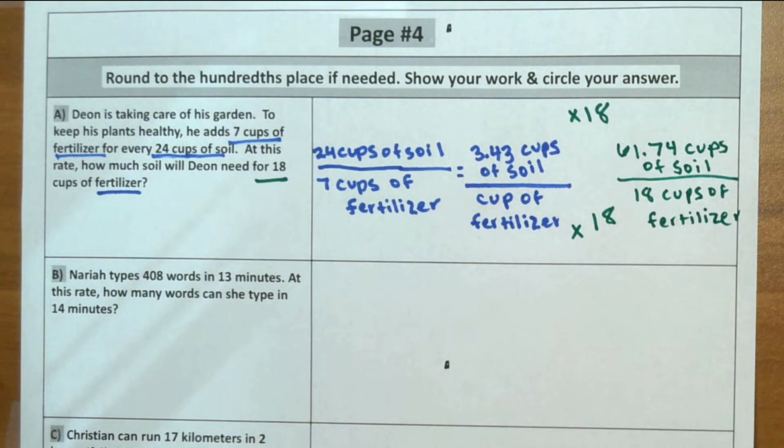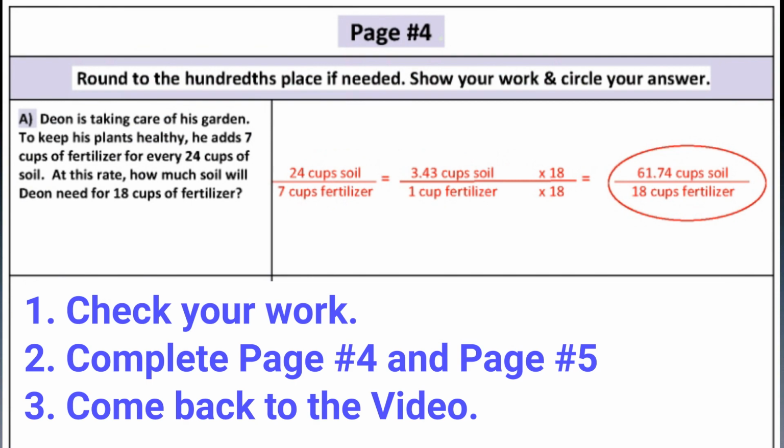Let me just show you a neater version of this. So this might be an easier version for you to see. Go ahead, check your work, make sure you have this down, and then complete pages 4 and 5. Come back to the video when you're ready for page 6.